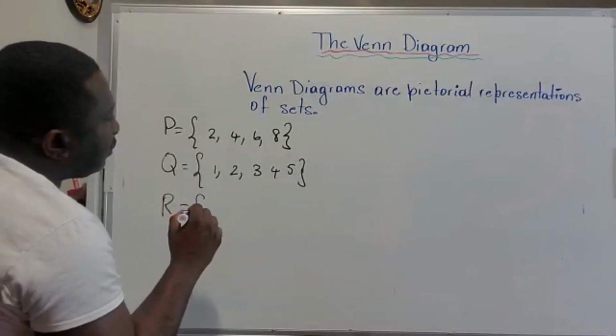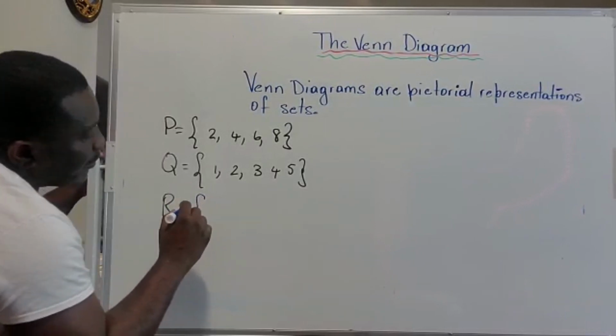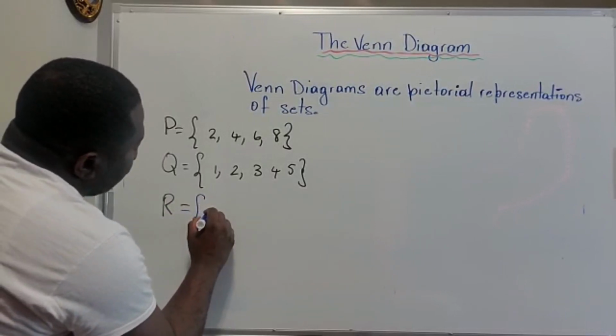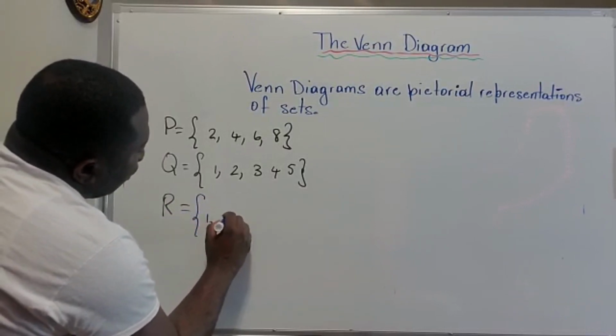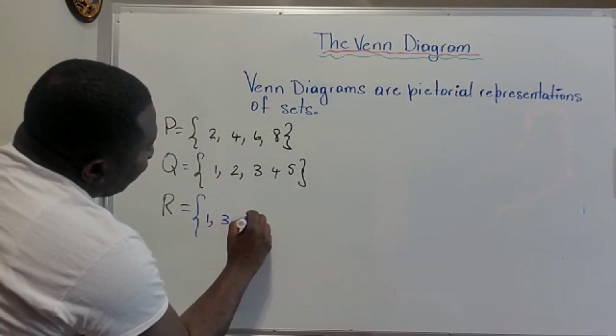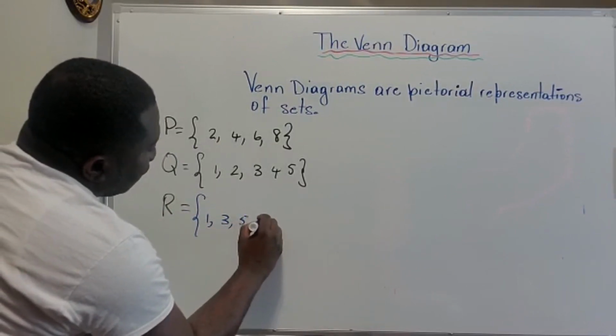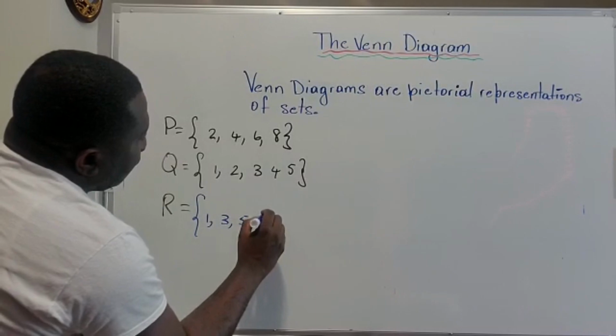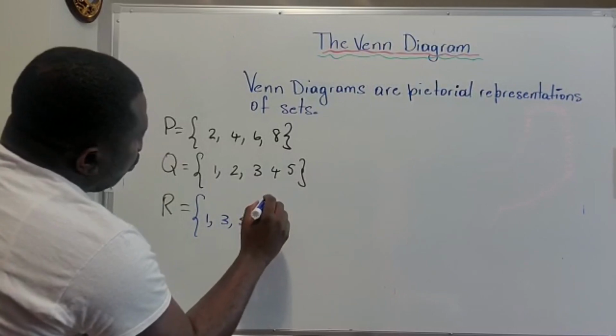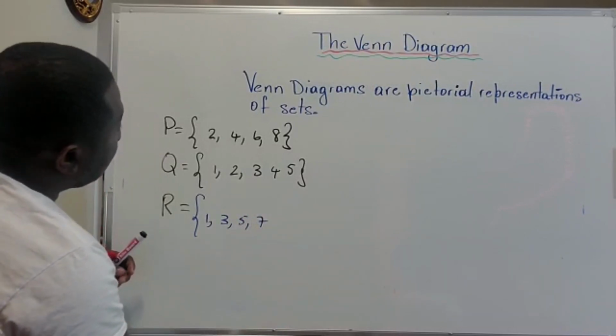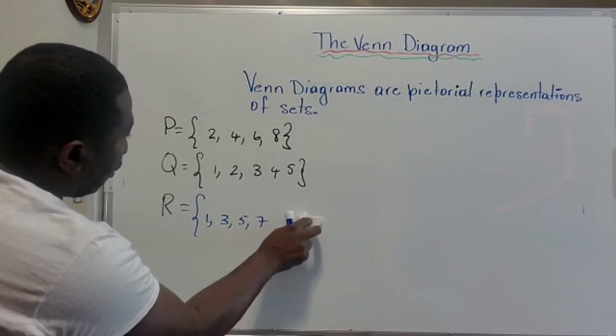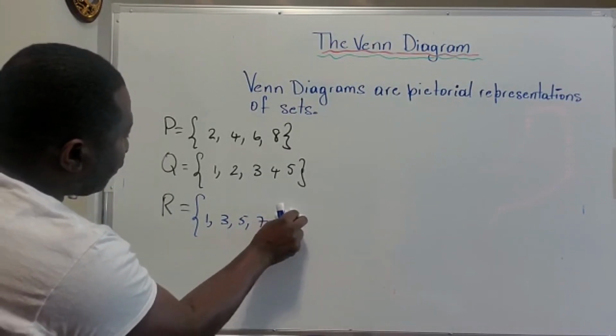And R, we're going to use a different color. For R I'll be using 1, 3, 5, 7. Let me not use that, I want a common element in all 3. So we have 2.